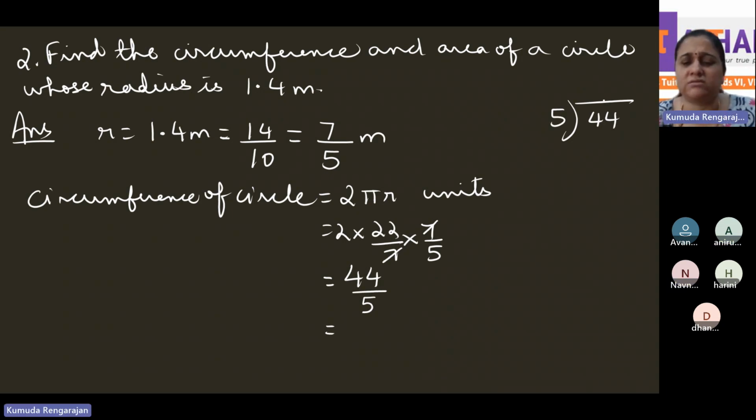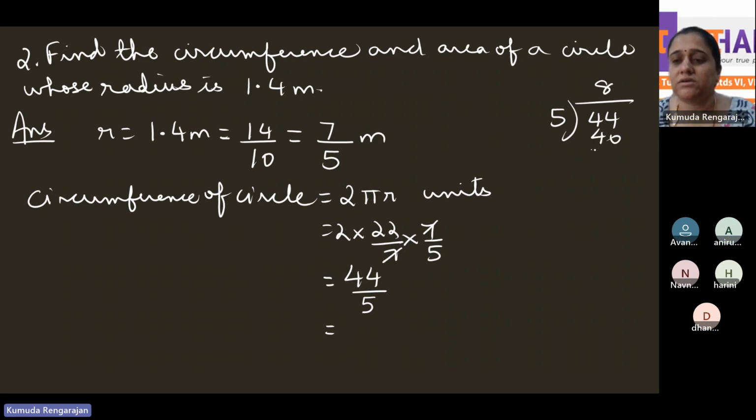No. How is it 9? 8.9. Take your time, children. Tell me the correct value. What is 44 divided by 5? Ma'am, 8.8. 8.8 is the correct answer.